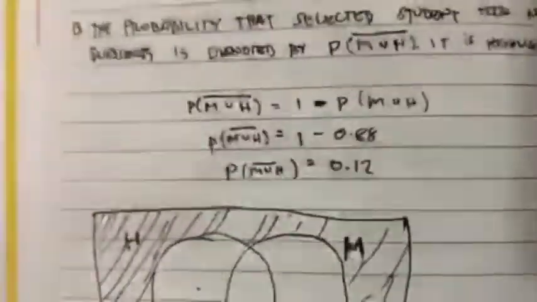So our formula is P of the complement of M union H is equal to 1 minus P of M union H. So our P of the complement of M union H is equal to 1 minus our P of M union H, which is 0.88.